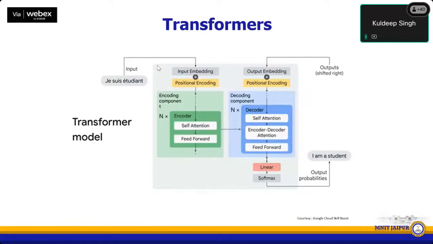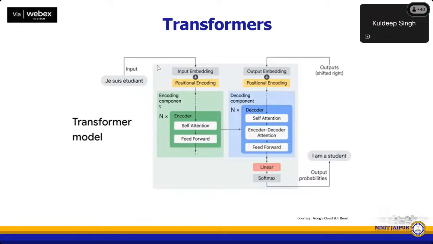The encoding component has a stack of encoders. In the research paper in which the transformer was proposed, the stack consists of six encoders on top of each other, and six is a hyperparameter which we can change.